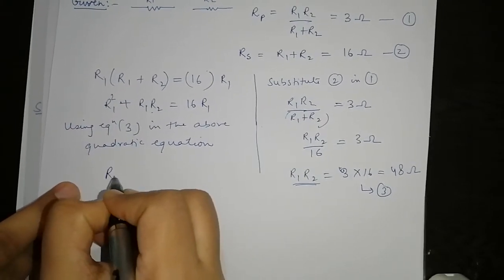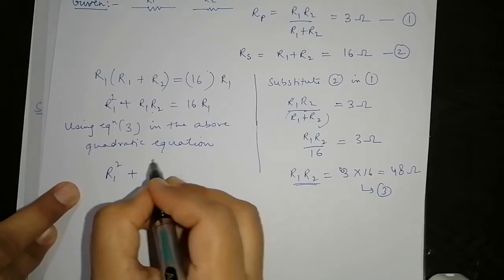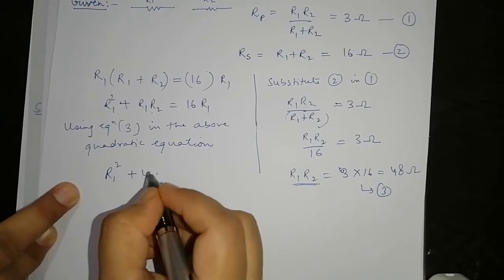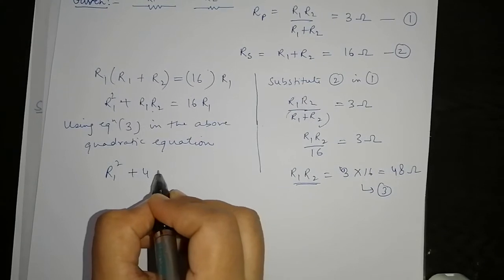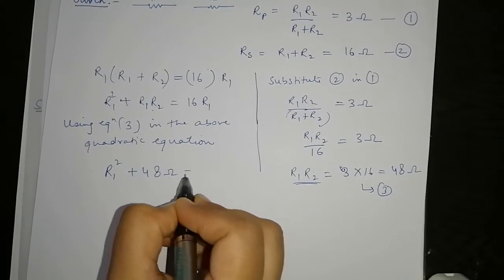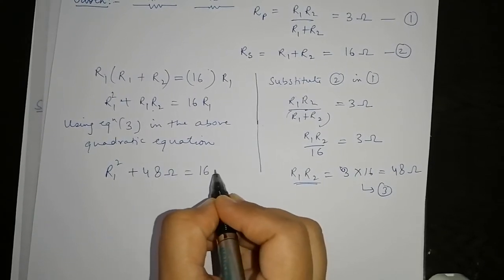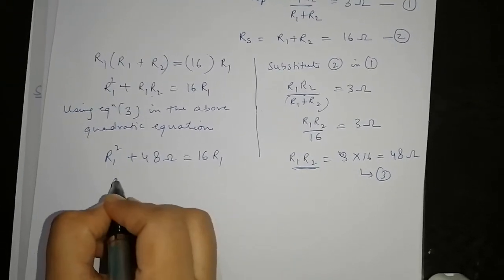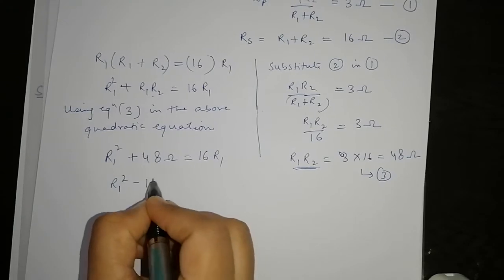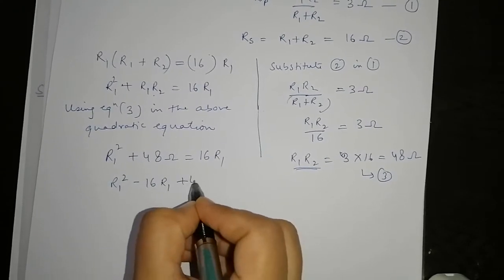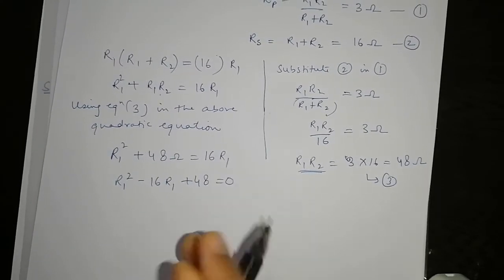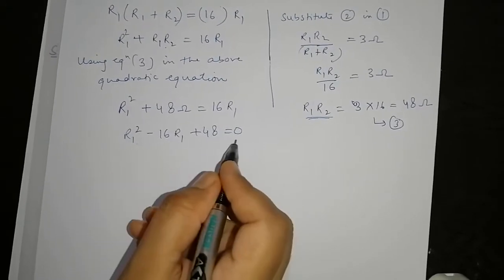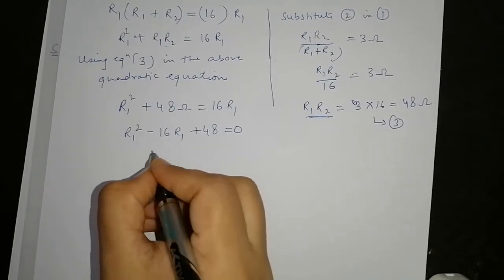So we'll substitute, we'll get R1 square plus 48 ohm is equal to 16 times R1. Now bring this over: R1 square minus 16 R1 plus 48 is equal to 0. So this simple quadratic equation can be solved very easily.